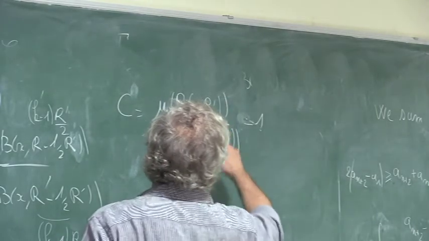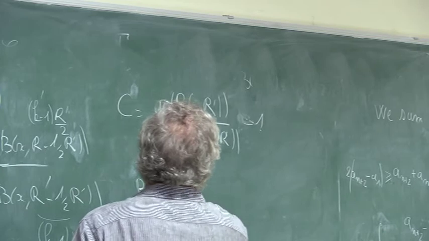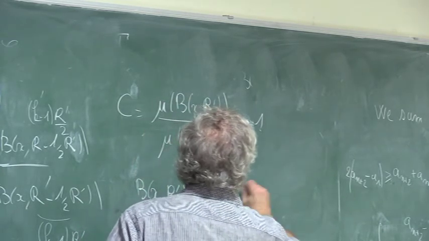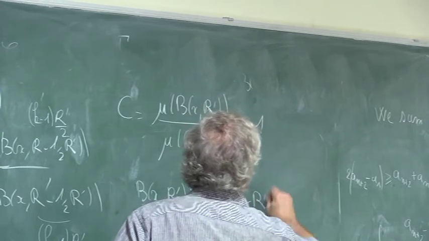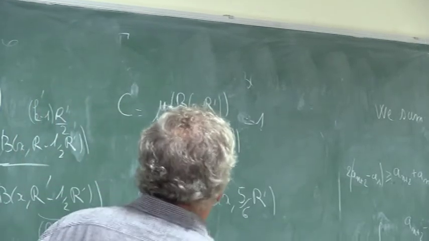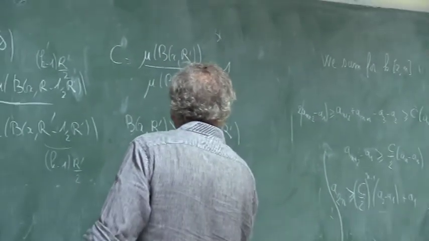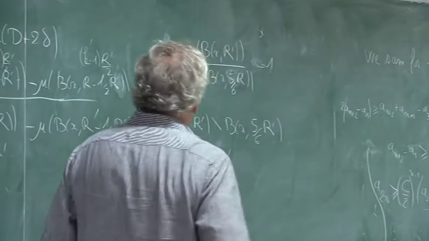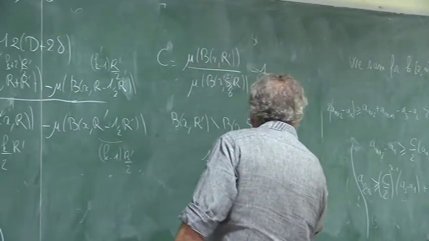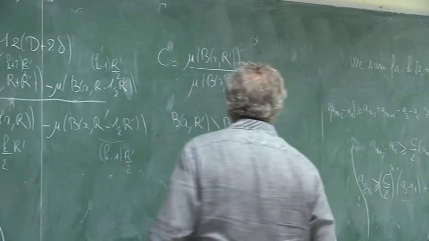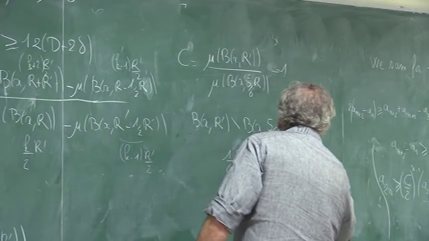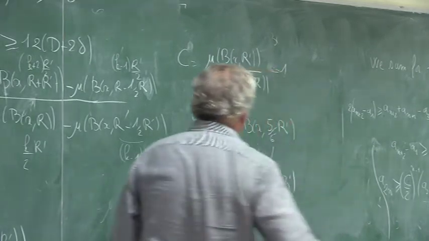So we have two balls here. Let's look at the annulus between these two balls. There are open balls. The annulus is closed on one side and open on the other side. So the size of this annulus is 1/6 of r prime. So into this annulus, there certainly is a point y and a ball around this point of size, well, the half, 1/12 of r prime, right?